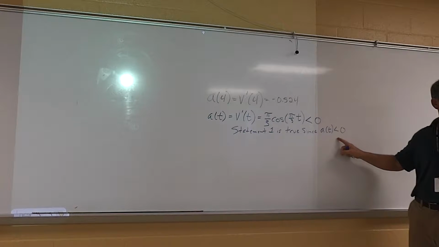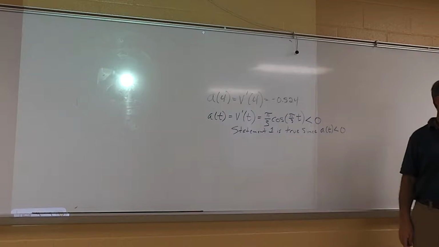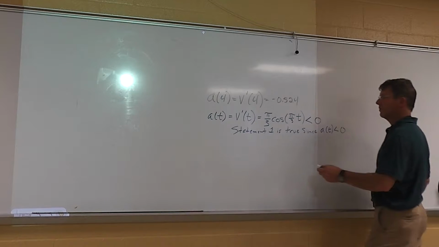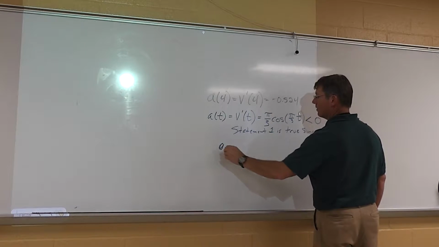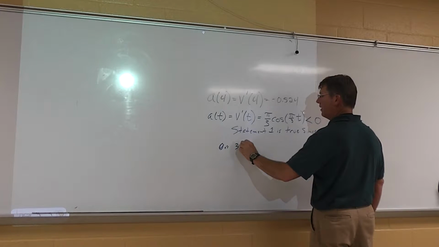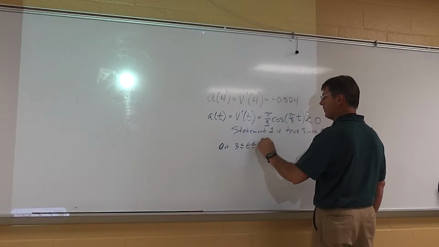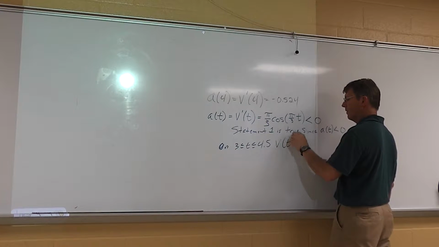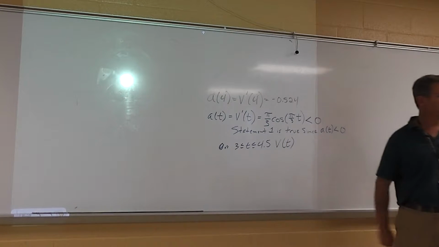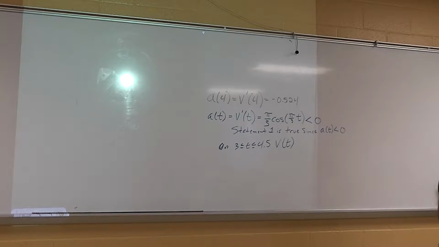We know acceleration is negative. What was velocity on that interval? On the interval 3 to 4.5, right? V of t was what? Positive or negative? It was negative?